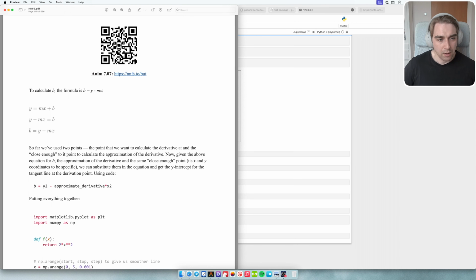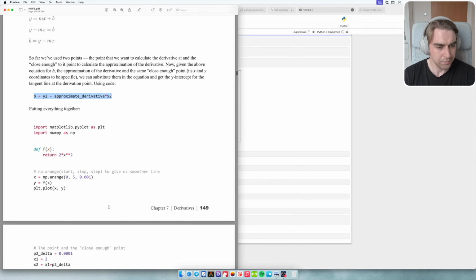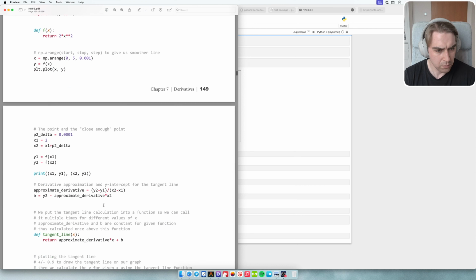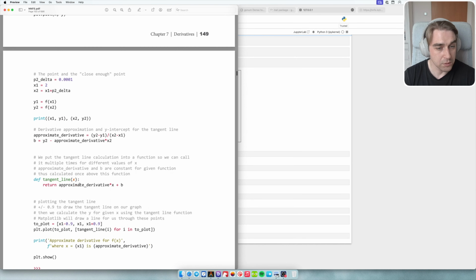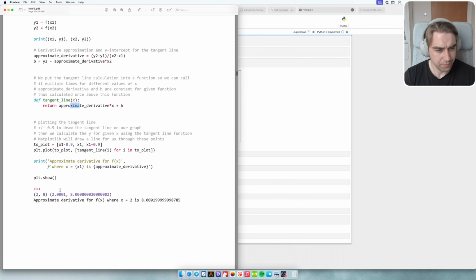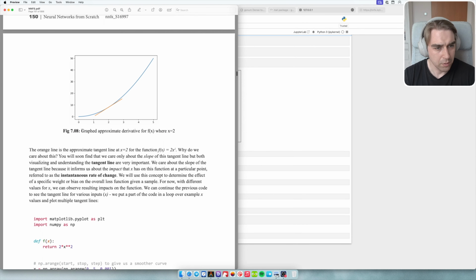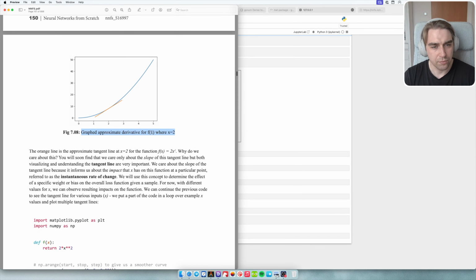Now, given the above equation for b, the approximation of the derivative, and the same close enough point, we calculate the approximate derivative, we calculate b, and the tangent line is a straight line. Graph the approximate derivative for f at x where x equals 2.